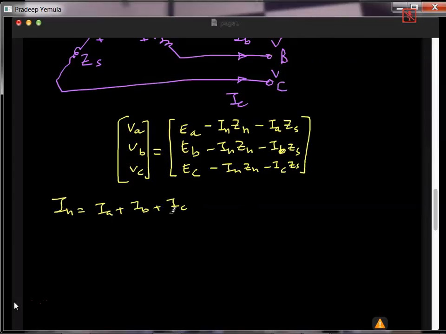So if I substitute this here, then I'll get finally something like this.